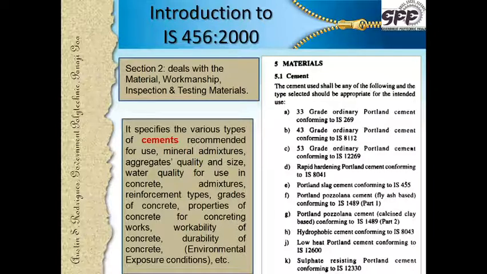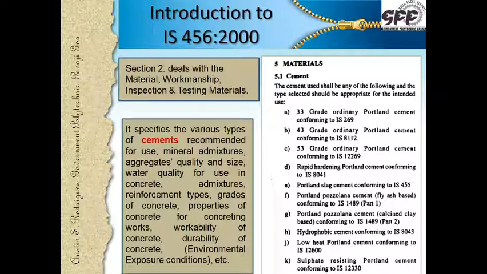Now the first part, let me just talk about, is it specifies the various types of cements recommended for use. We have already discussed this in length earlier in the previous chapter. So let me just mention the clause 5 of IS 456 deals with materials. In materials, the first point is 5.1.